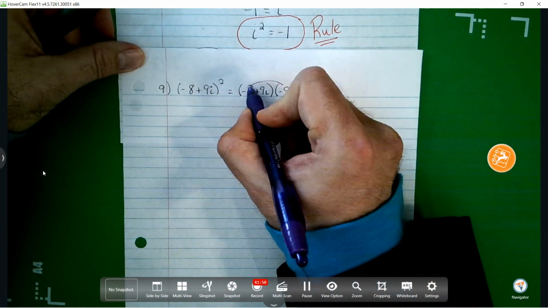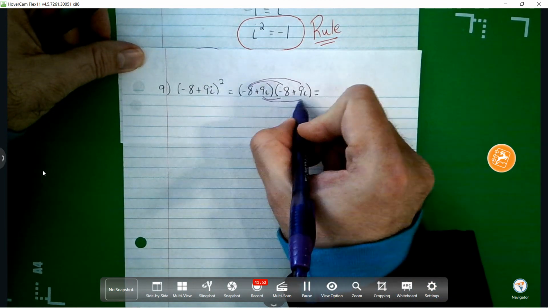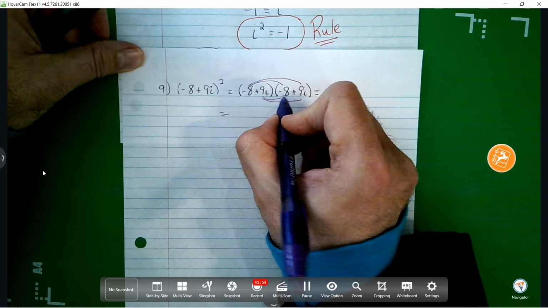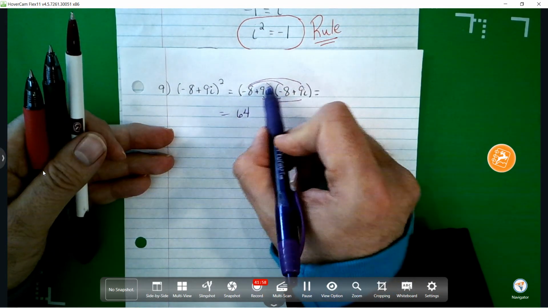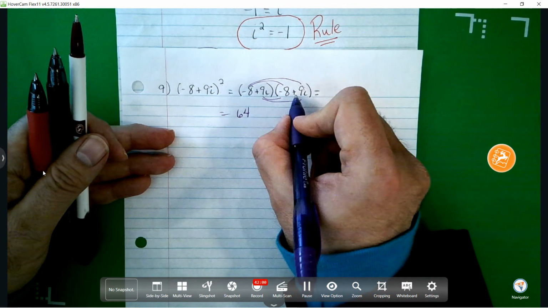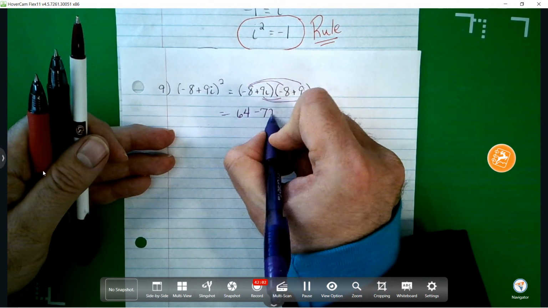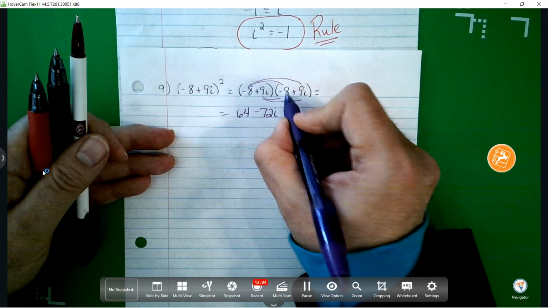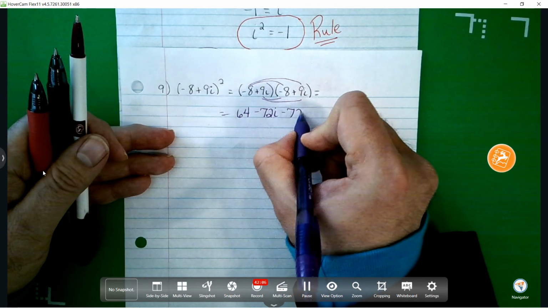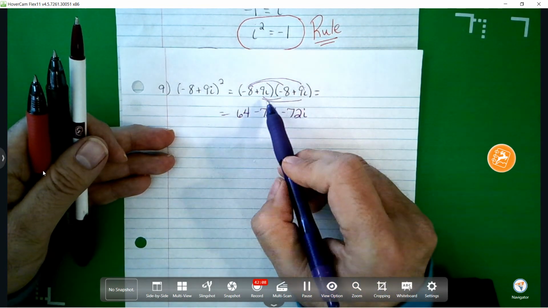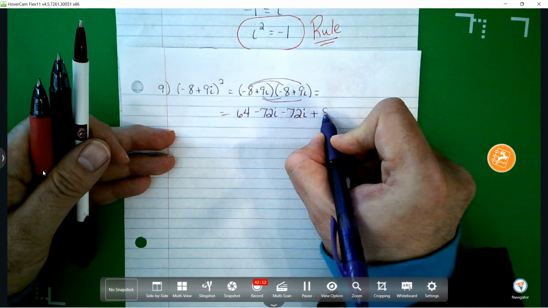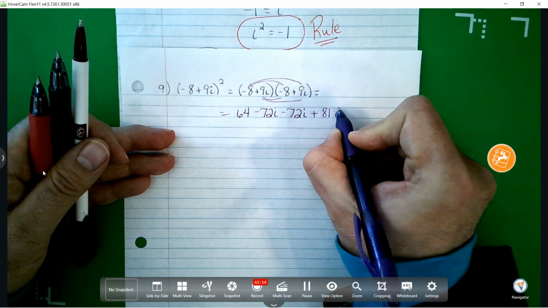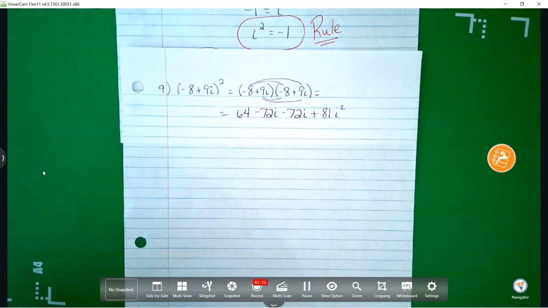Let's see. First, outer, inner, last. So let's get started. That would be a 64. Negative 8 times negative 8. The negative 8 times a positive 9 is a negative 72i. Then another negative 72i. 9i times 9i is a positive 81i squared.